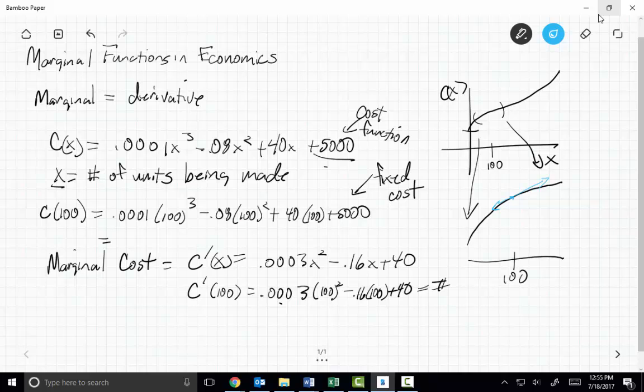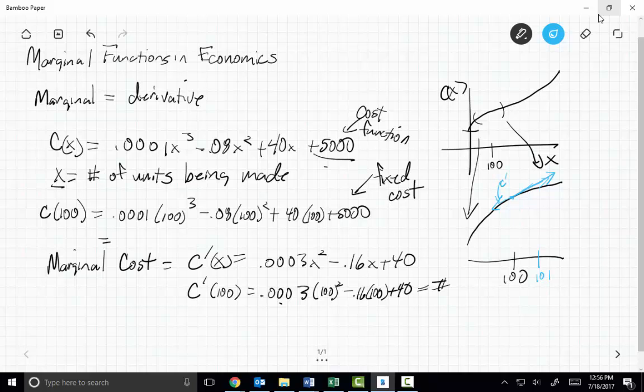But when we're talking about economics, we want to know specific values at specific points. We're not thinking as theoretically as we would as a pure mathematician. We want to know, okay, I'm making 100 units. I want to know what my marginal cost function tells me. Well, if I were to take this line and extend it over a little bit, and move over to 101, this line tangent is the slope.